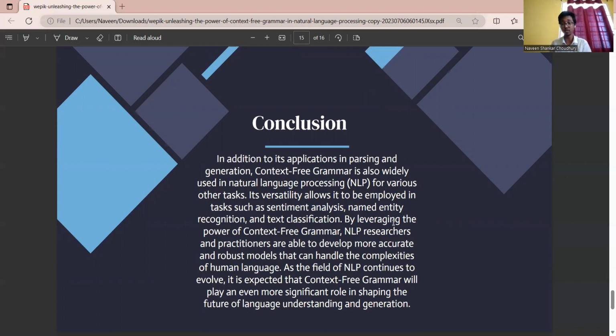By leveraging the power of context-free grammar, NLP researchers and practitioners are able to develop more accurate and robust models that can handle the complexities of human language. As the field of NLP continues to evolve, it is expected that context-free grammar will play an even more significant role in shaping the future of language understanding and generation.